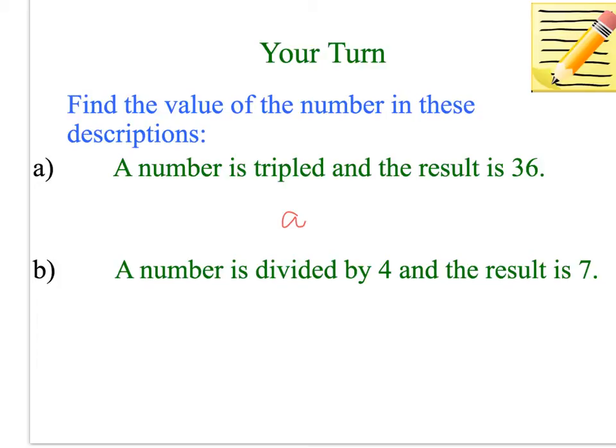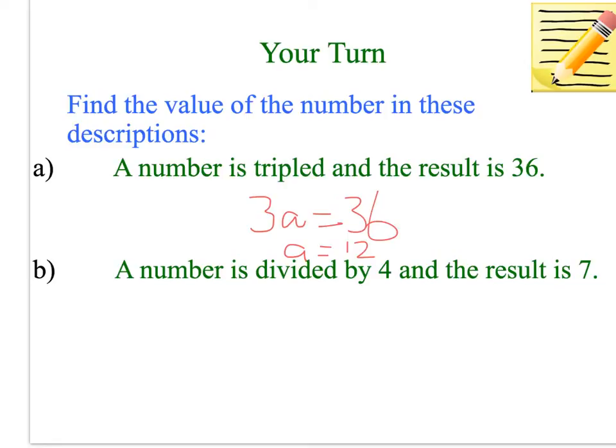The number is tripled, so 3 times A equals 36. So what times 3 equals 36? A equals 12, since 3 12s are 36. Well done if you got that. So 3A equals 36 was the equation you should have come up with.